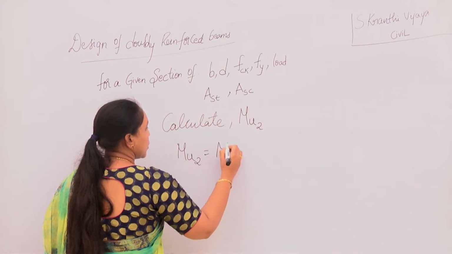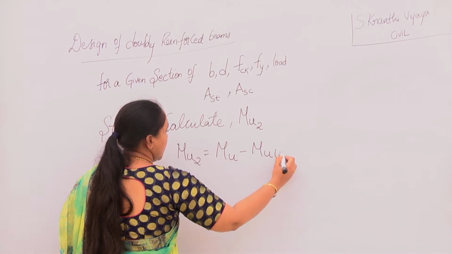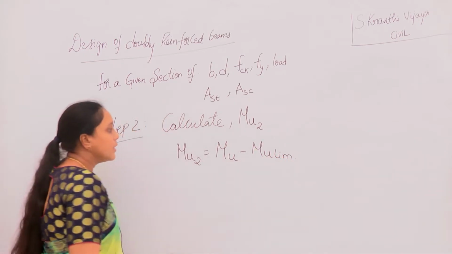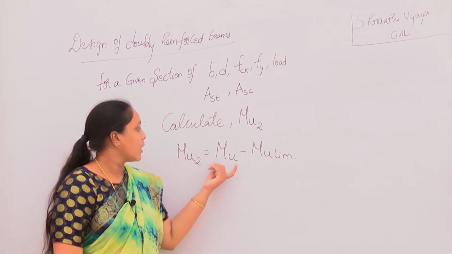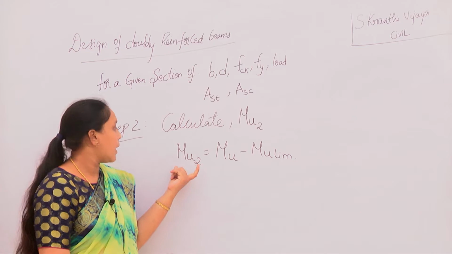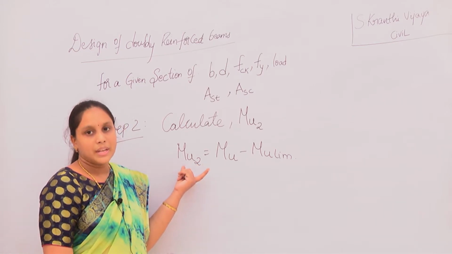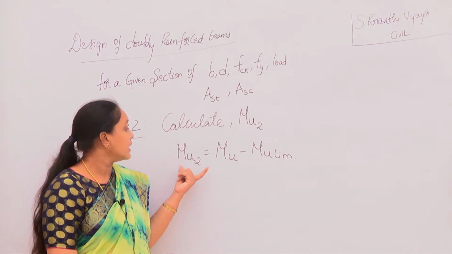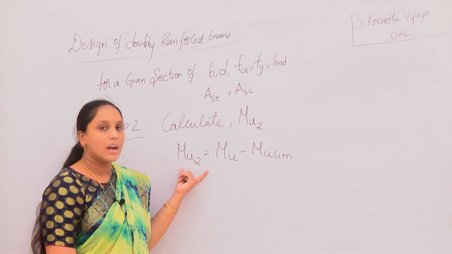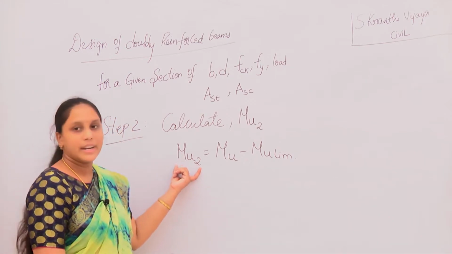MU2 is equal to MU minus MU limit. By this equation, you will obtain the additional moment which has to be carried by the tensile and the compression steel.